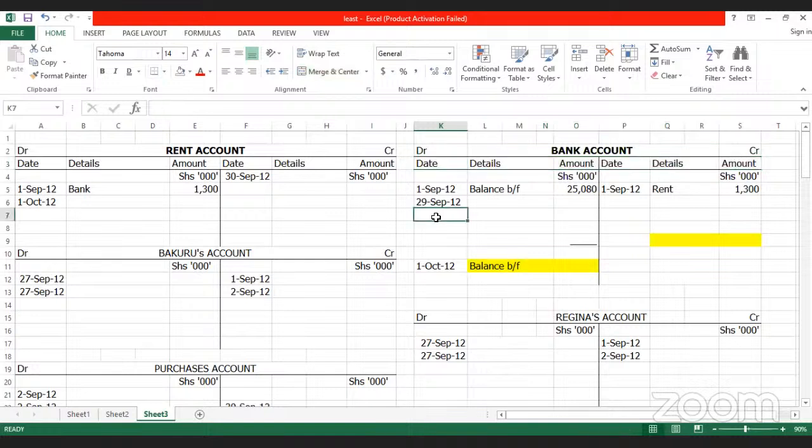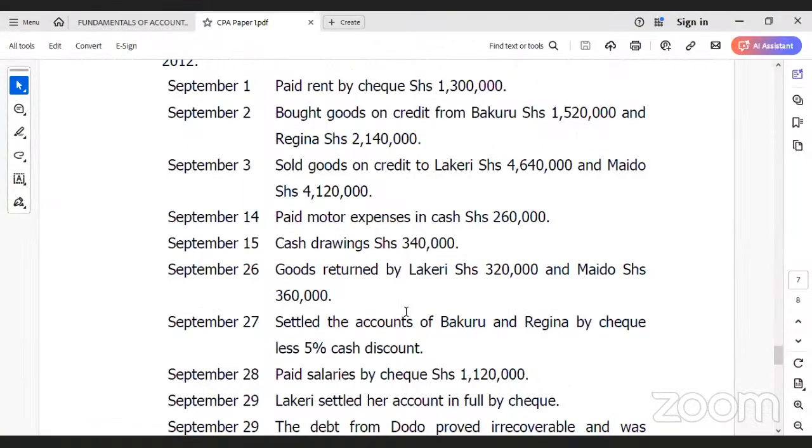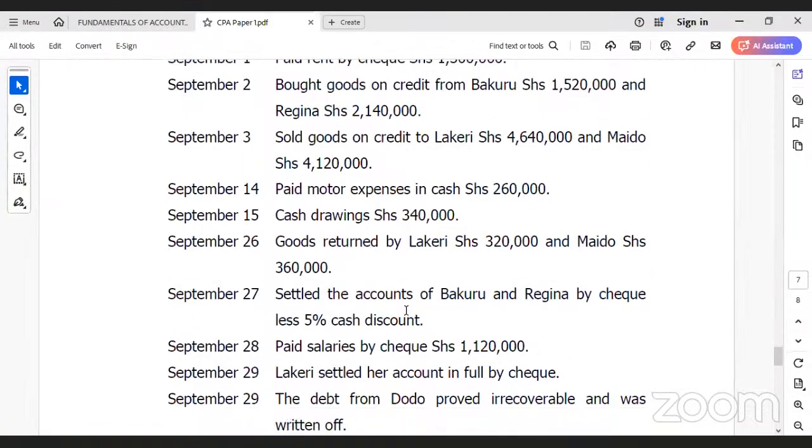We need now to go back and see the following transactions. What is the next transaction after the payment of rent? Alan, read for us the second transaction, that is on second.